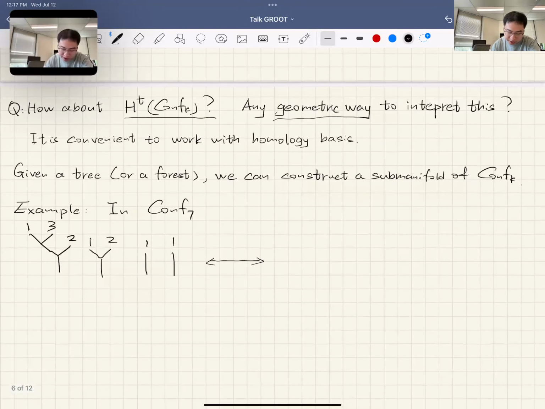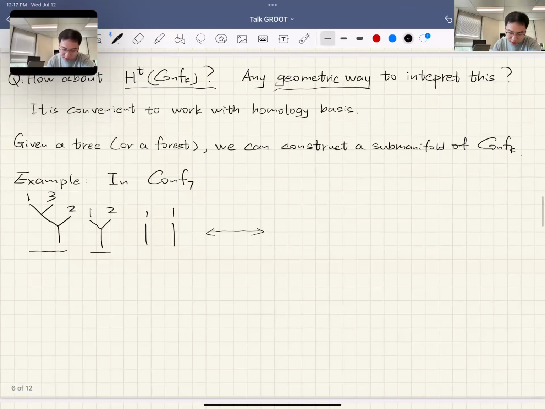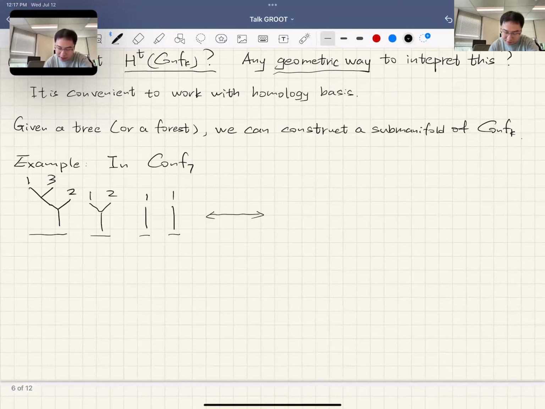So for example, in comp7, I have a forest with the first tree having 3 leaves, this one. And I have a second tree with 2 leaves. The third one, 1 leaf, and the last one, 1 leaf. And we can build a submanifold of comp7 by doing this planetary system. So I have an x2 here, and I have x3 here, x1 here.